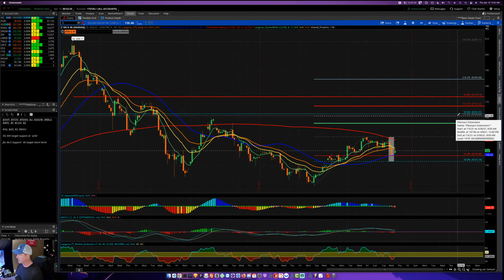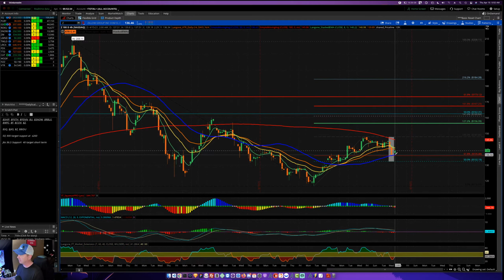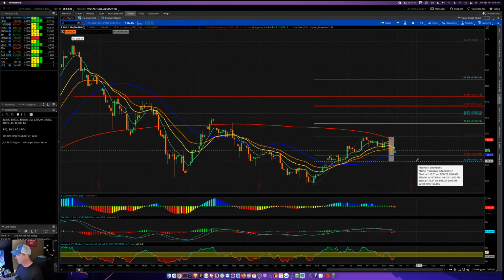That's going to be a target for me. So the 160, 162 level. We've got 135.88 of support, which is in line with the 50 period simple moving average. 132 would be a break of Fibonacci and would indicate a move downward.